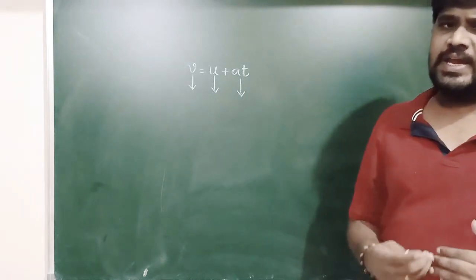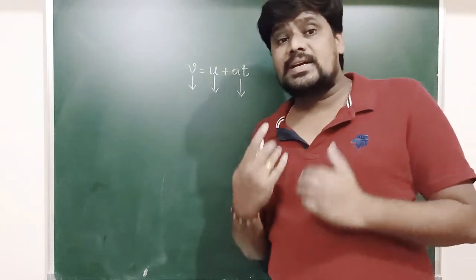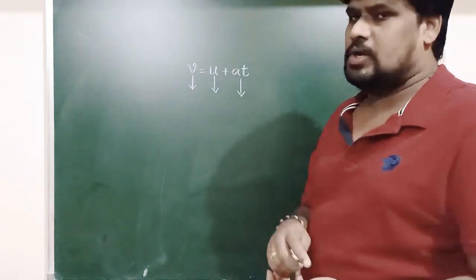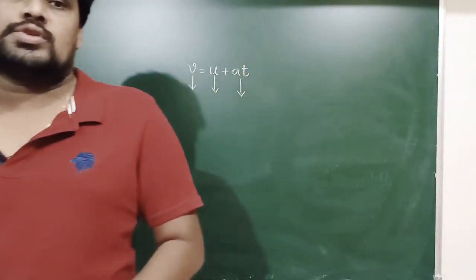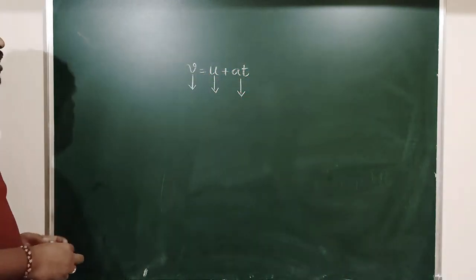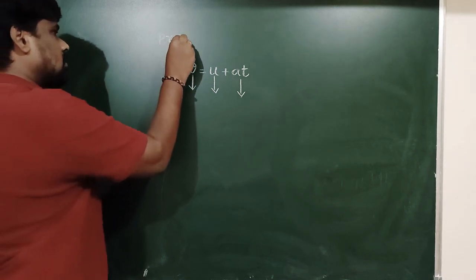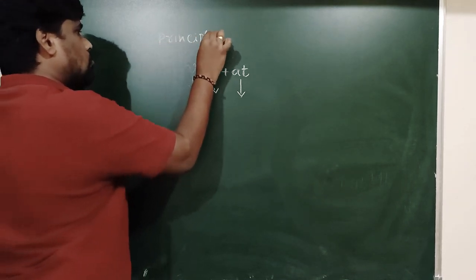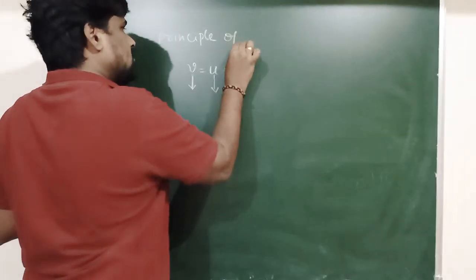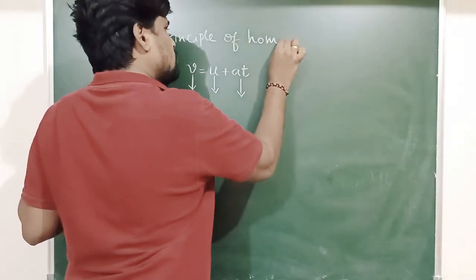So for checking the correctness of the given equation, we are making use of the principle of homogeneity. Which principle are we using? The principle of homogeneity.